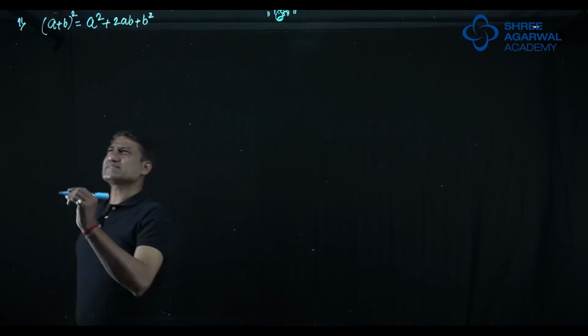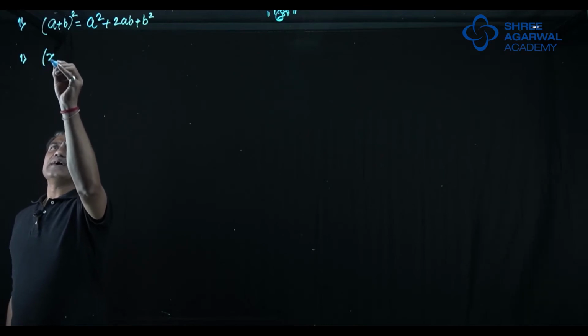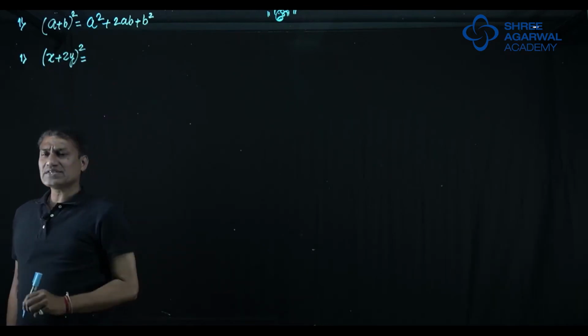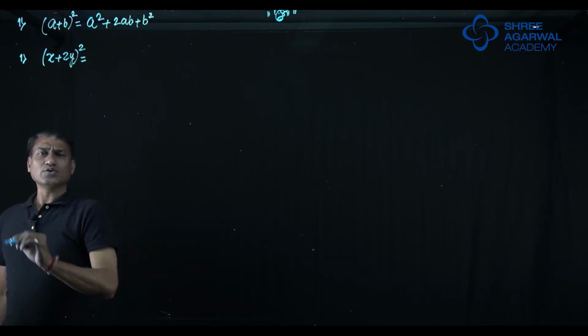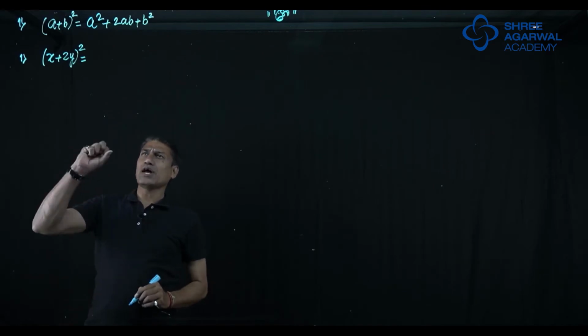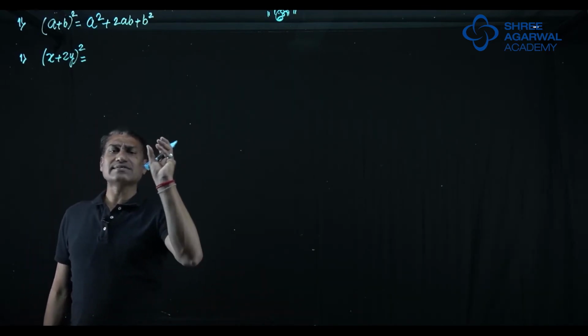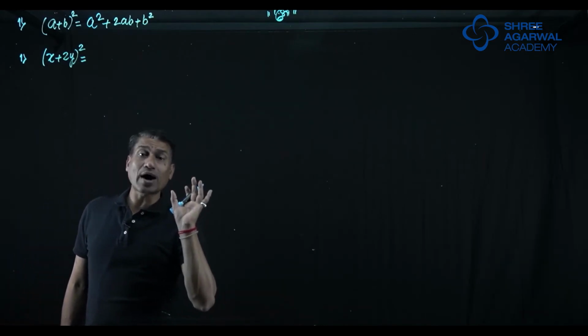So, I would take this as the first example, (x+2y)². Now our a is x, our b is 2y. Everything is going to remain the same. Wherever there is a, we write x; wherever there is b, we write 2y.